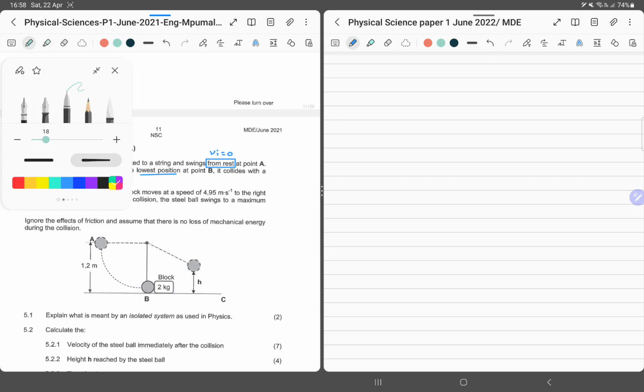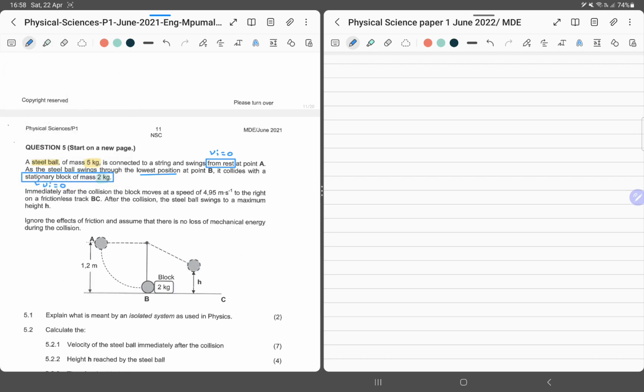Not a problem. Let's try to move now. Immediately after collision, the block moves with a speed of 4.95 meters per second to the right on a frictionless track BC, meaning it moves forever. After the collision, the steel ball swings to a maximum height.